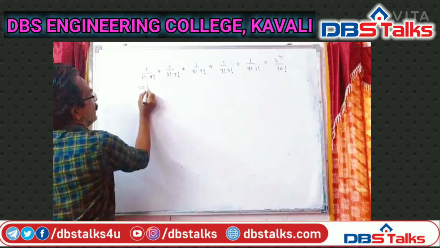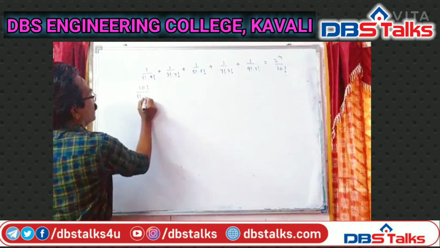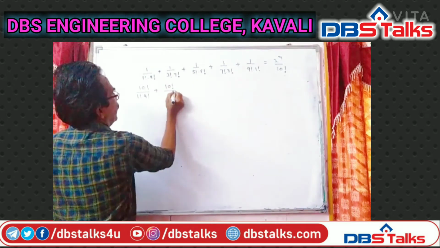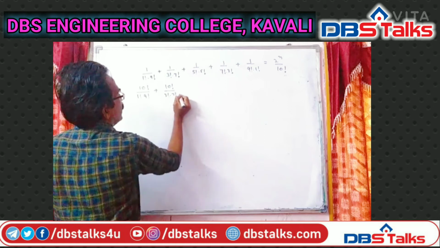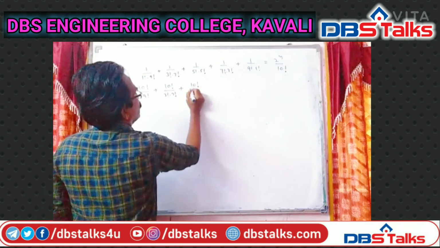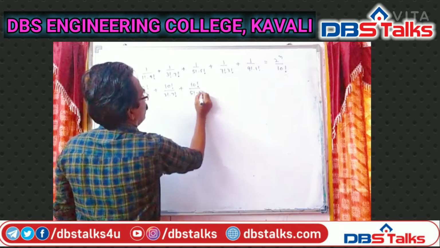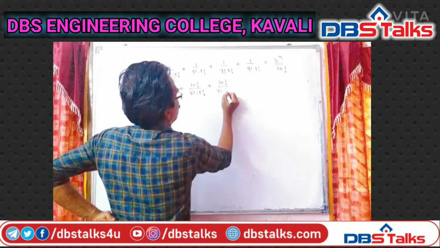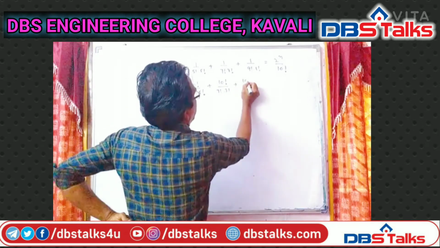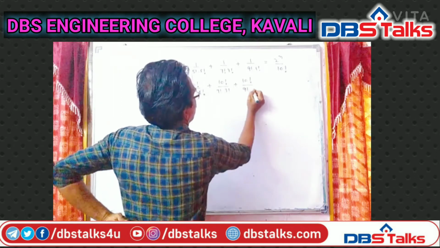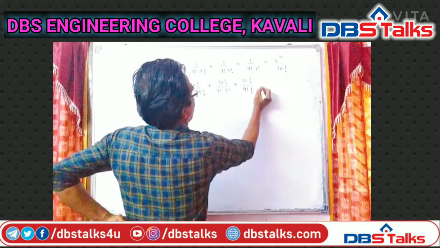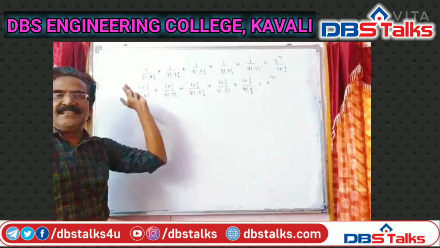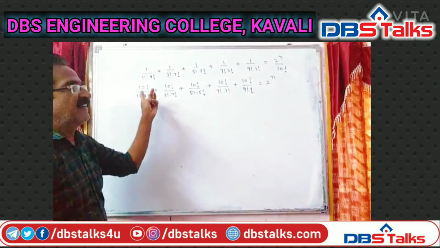So 10 factorial by 1 factorial into 9 factorial plus 10 factorial by 3 factorial into 7 factorial plus 10 factorial by 5 factorial into 5 factorial plus 10 factorial by 7 factorial into 3 factorial plus 10 factorial by 9 factorial into 1 factorial is equal to 2 power n. Left side terms, friends, is very clear.